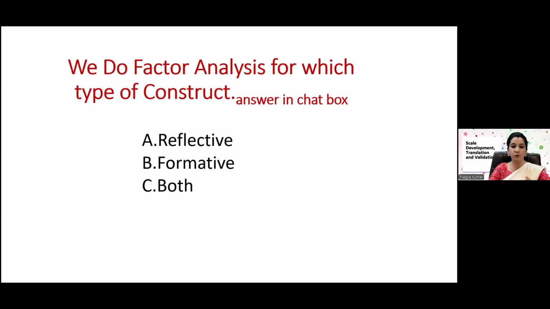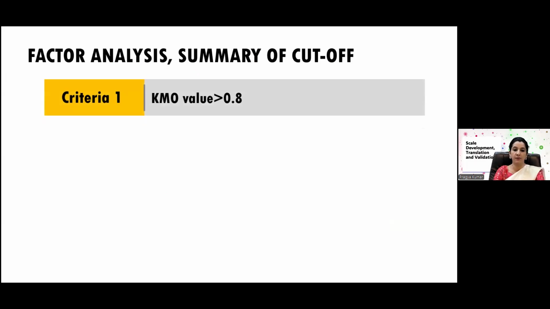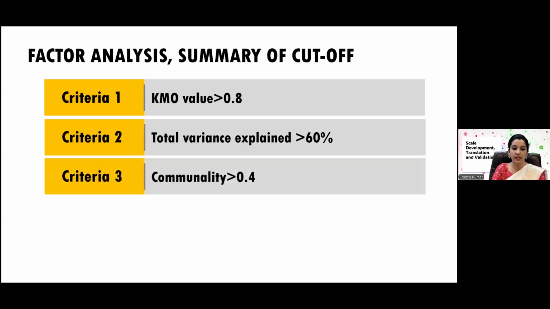Now, this is the cutoff of the factor analysis. The Kaiser-Meyer-Olkin value should be more than 0.8. That we have done. But acceptable is, even if it is 0.6, that is acceptable. The total variance explained by the factors should be more than 60%. That we'll see.